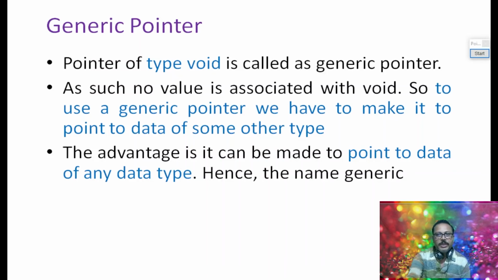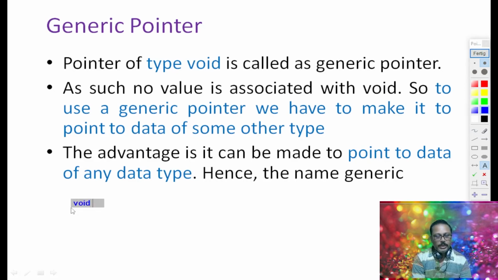If you have void star PV, not integer, not float, then this PV can be made to point to any data type. That's why it is called a generic pointer.